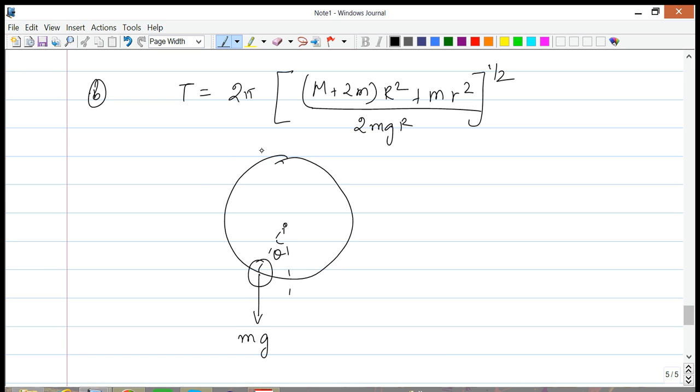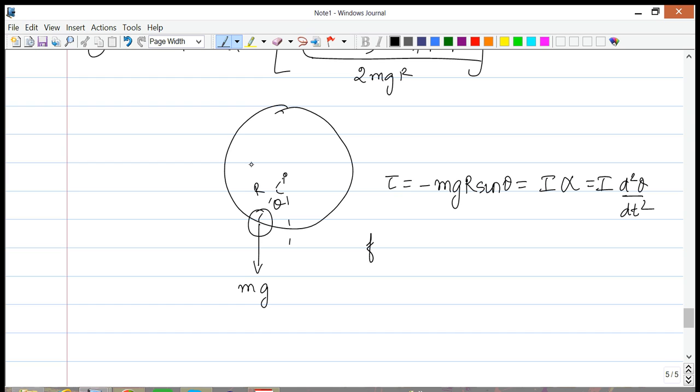So at any angle theta, the torque on the system is equal to negative mgR times sine of theta. And this is equal to I times alpha, which is equal to I times d2 theta by dt2.